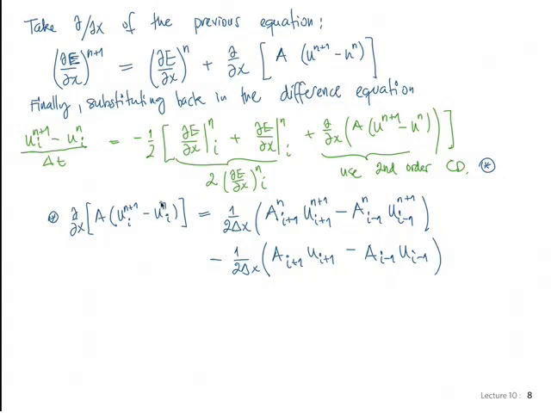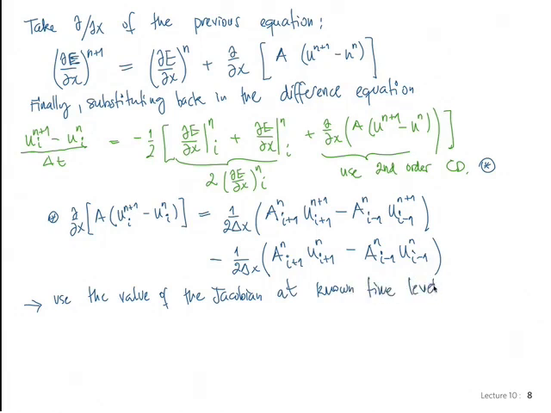And what are the time levels? Well, u is evaluated at n, and we keep using the value of the Jacobian at the known time level n. This actually has a name: it's called using the lagging value of the Jacobian, the value of the previous time level.